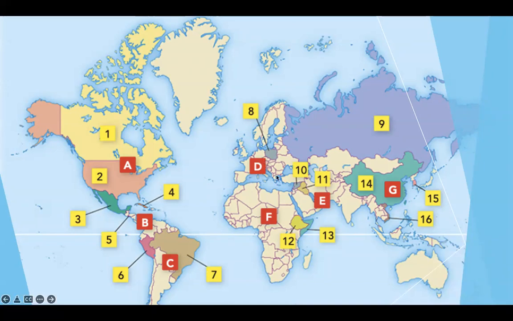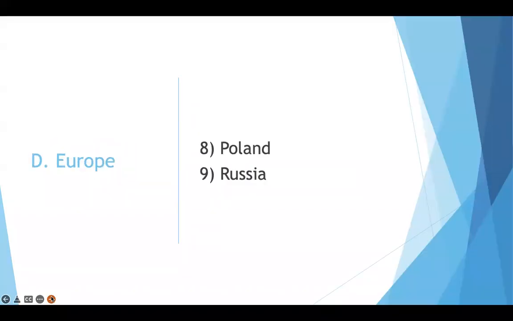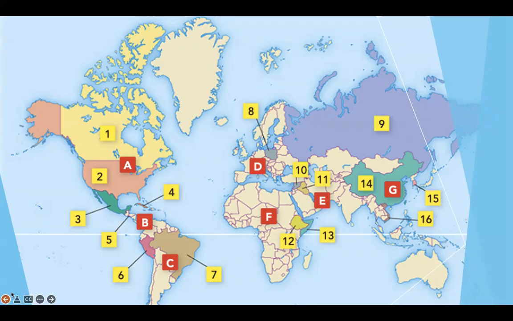All right, what continent or region is labeled with letter D? This one is Europe, and the 2 countries that are labeled are Poland and Russia. So this is Europe, and then we have Poland, and this big country is Russia.